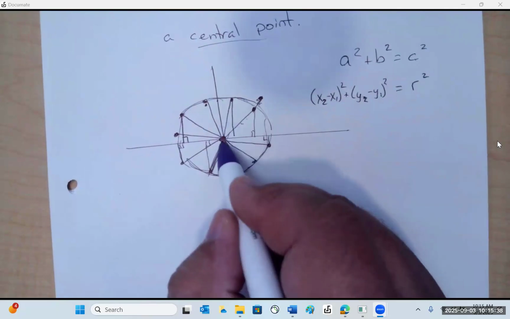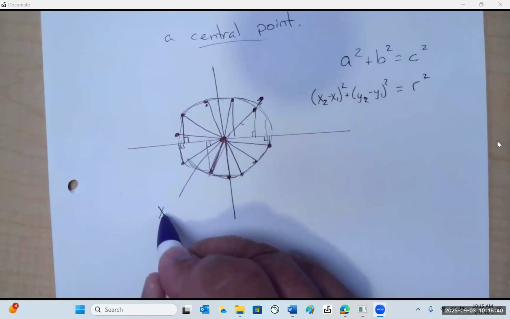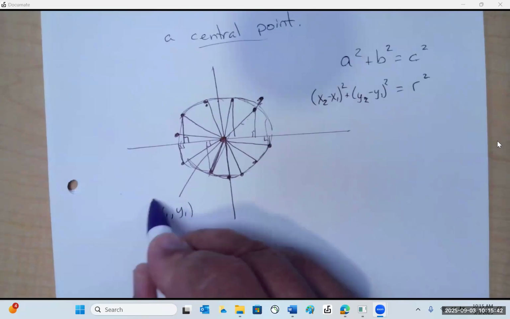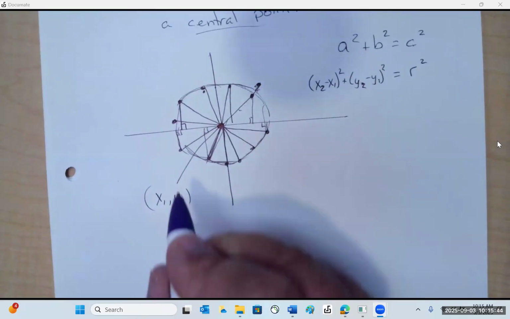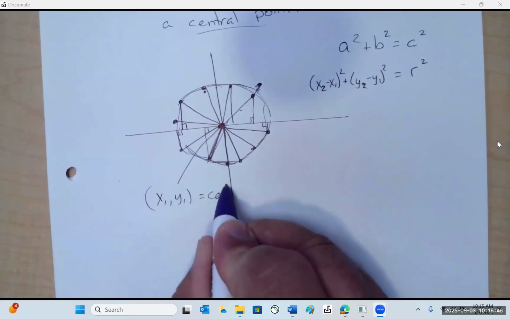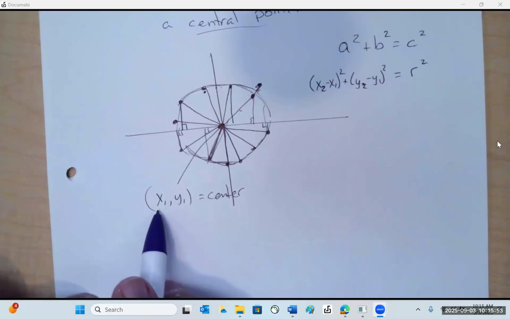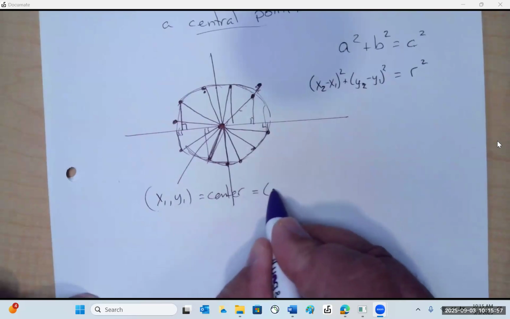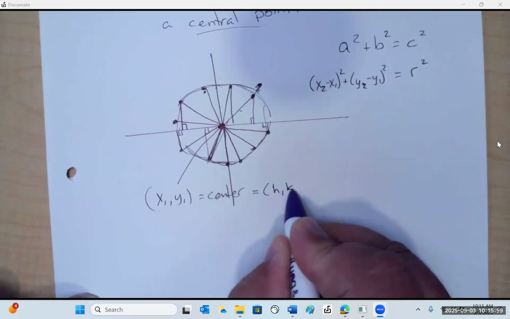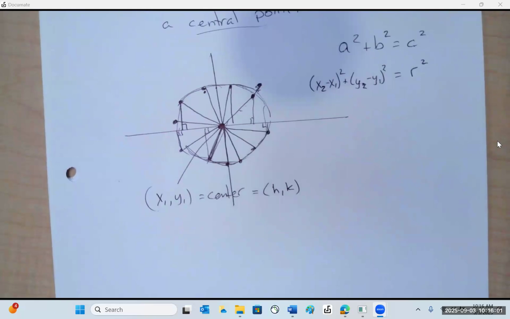The center point is our x1, y1. That's the center of our circle. It never moves. So instead of writing x1, y1 for the center, we now use h and k to help us distinguish between those.